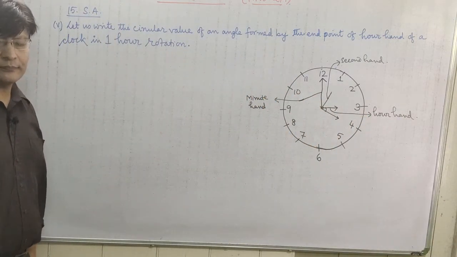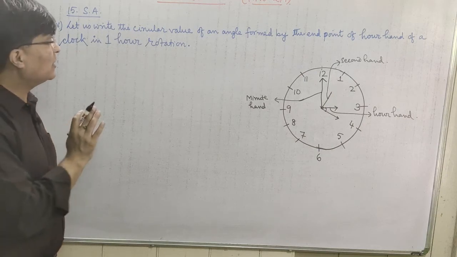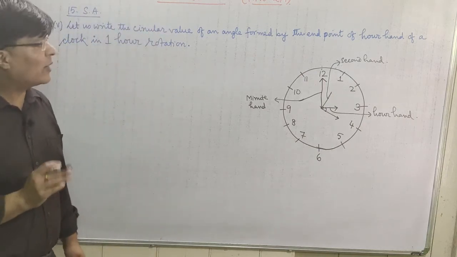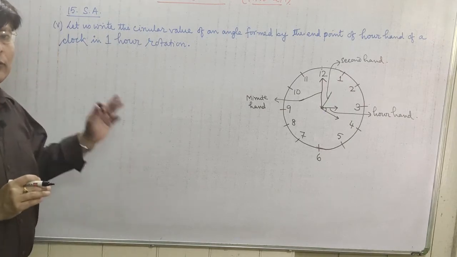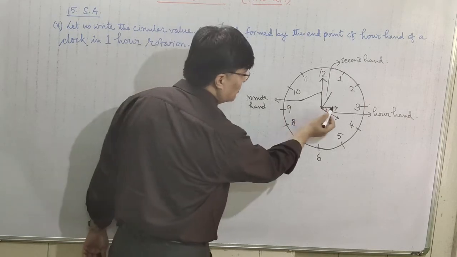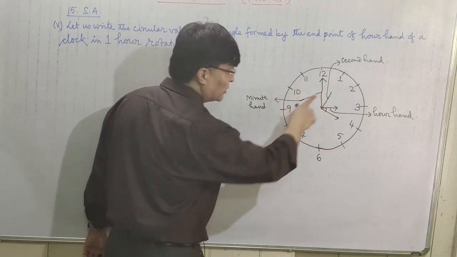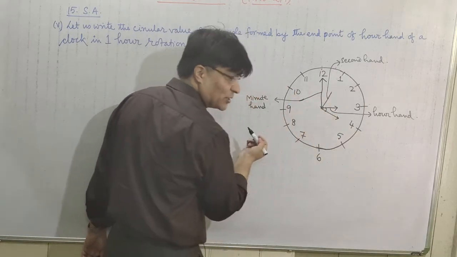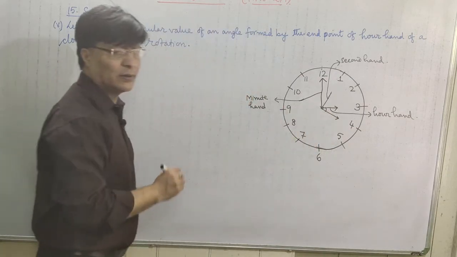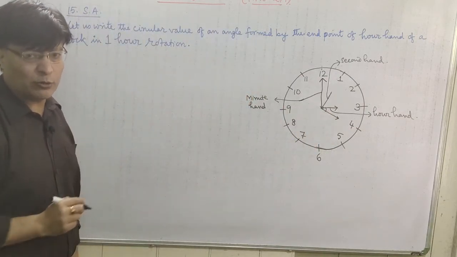So you have to find out the circular value of the angle formed by the end point of the hour hand of a clock in 1 hour rotation. Suppose it is now 3 o'clock, then after 1 hour it will be 4 o'clock. What angle is formed in going from 3 to 4?